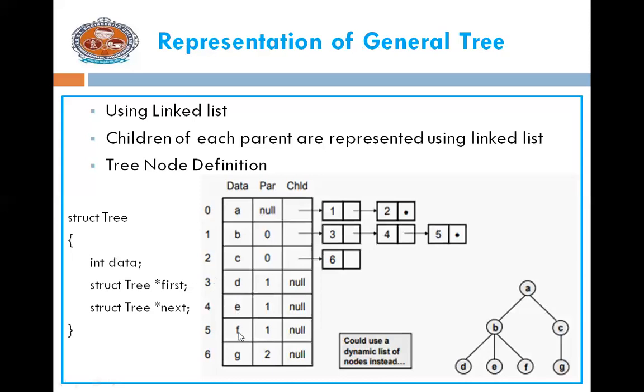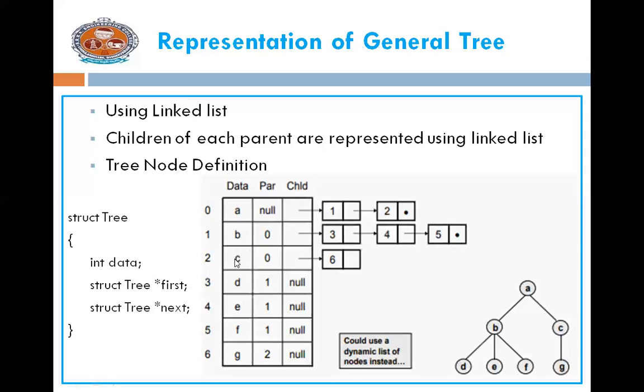Now you have to create a linked list for D. What is the node number of D? 3. Node number of E is 4. And the node number of F is 5. Now you have to maintain a linked list with 3, 4, and 5. Only 3 children, so at the end we are representing it as null. So this is about B.